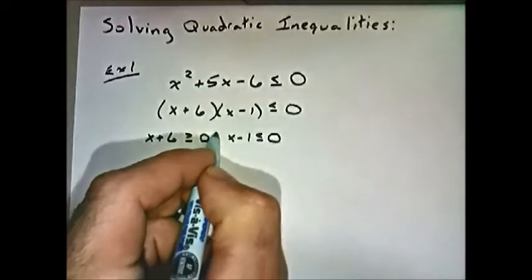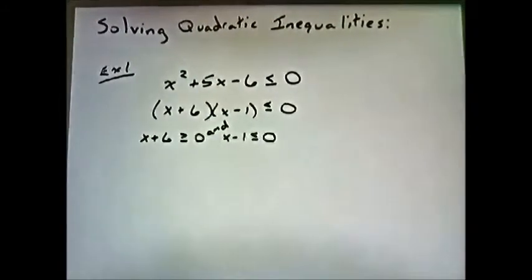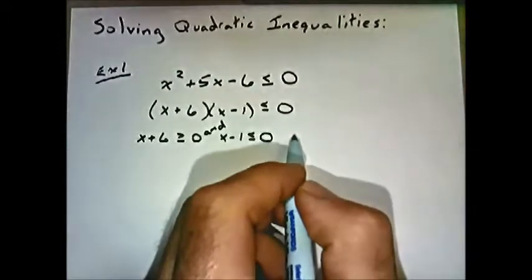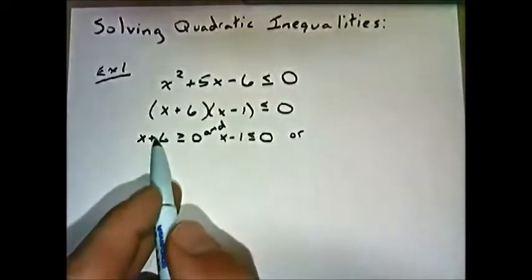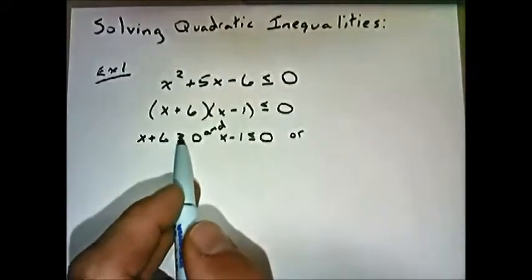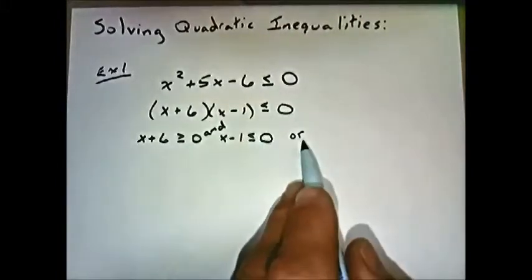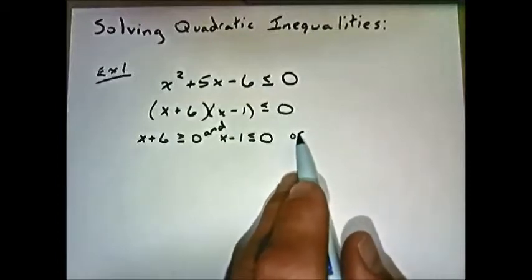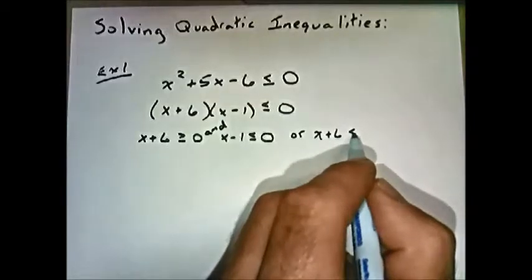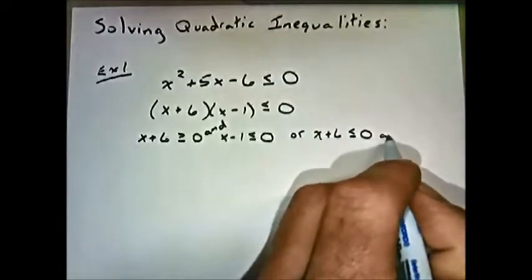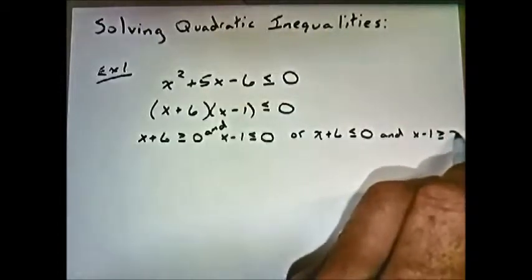In this case, both of these have to happen, so it's going to be an AND statement. But we could also look at x plus 6 being less than or equal to 0 and x minus 1 being greater than or equal to 0.